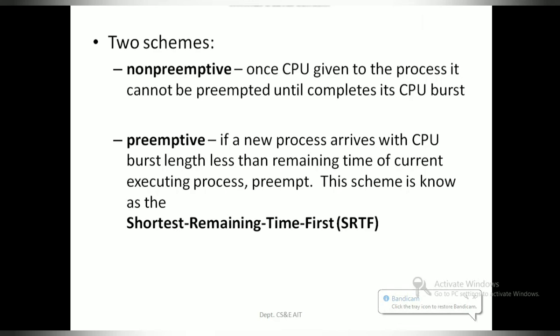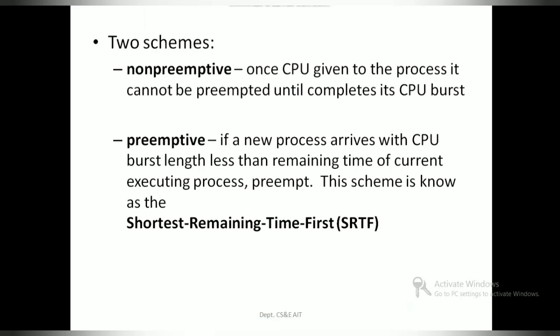Okay, now what happens in the preemptive version? As in the definition we have seen earlier of preemptive and non-preemptive scheduling, where the process is forcefully taken out from the CPU and given to another process, the same holds good here.